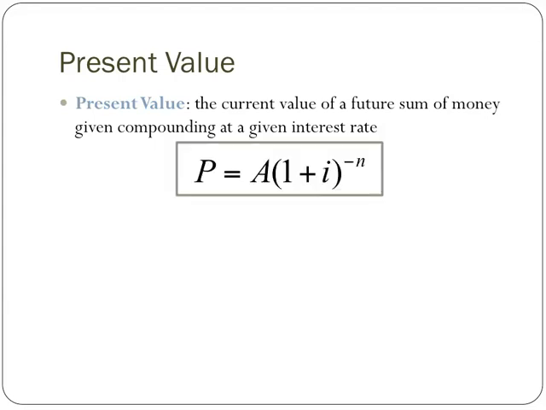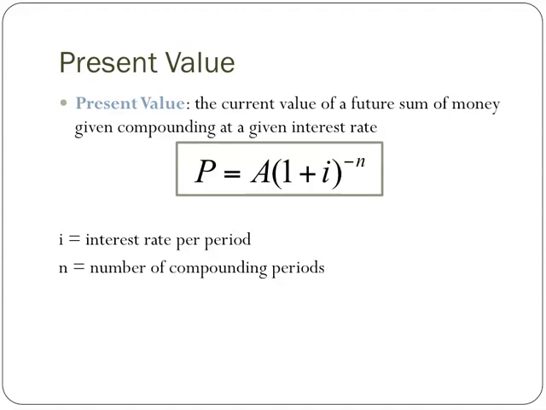P equals A times 1 plus I to the negative n. I, as we've seen in a lot of the other examples, is the interest rate per period, n is the number of compounding periods, and then P is the present value, and A is that future amount, or the future maturity value.